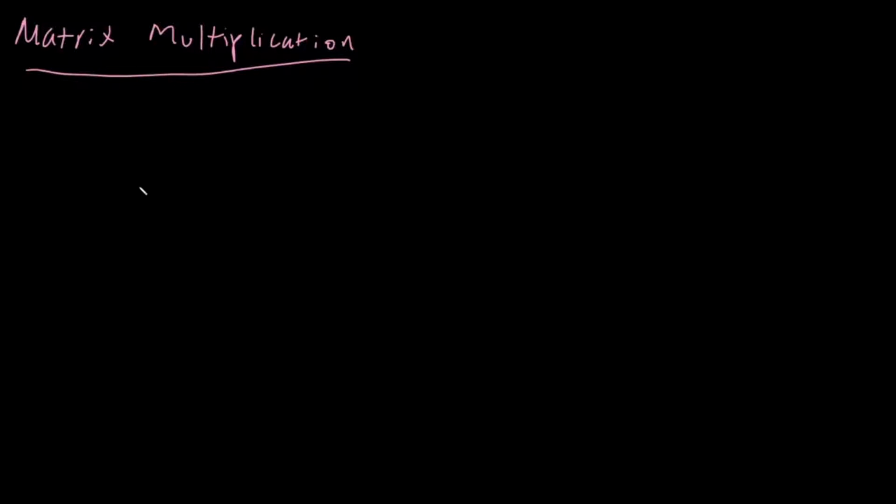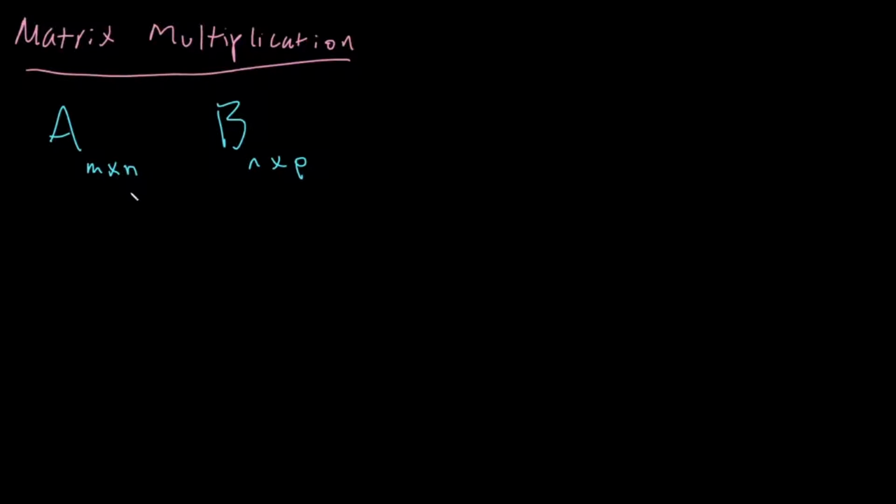Okay, so matrix multiplication is only defined for matrices A and B. So A is dimensions m by n. These are just placeholders. Don't worry about the letters. And B is dimensions n by p.